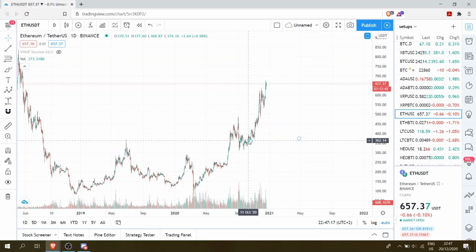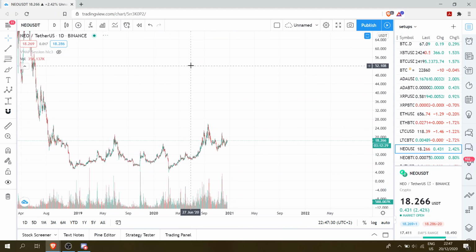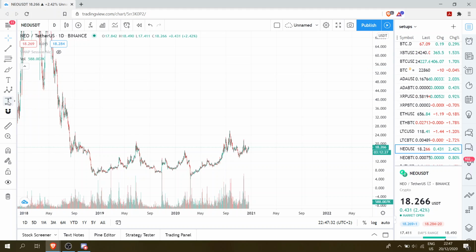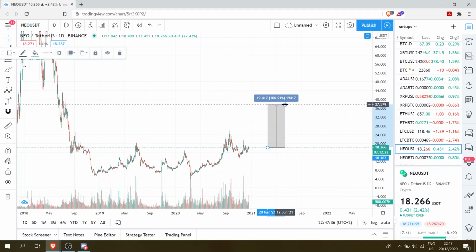So $360 is where Neo right now is, in terms of Ethereum. So basically you have a 100% return on investment, and the target would be around $36.